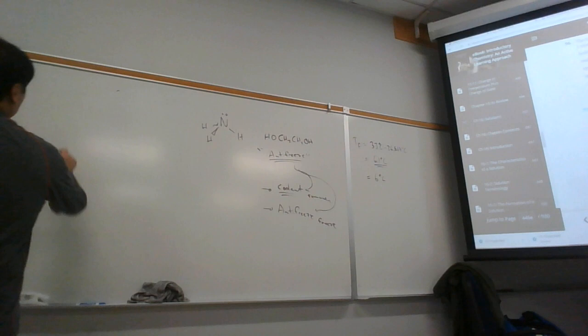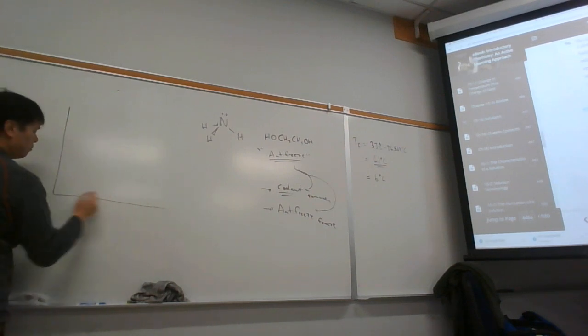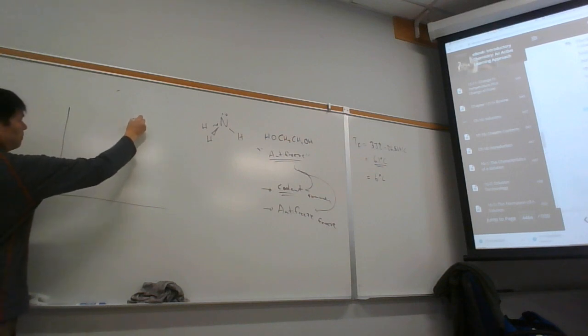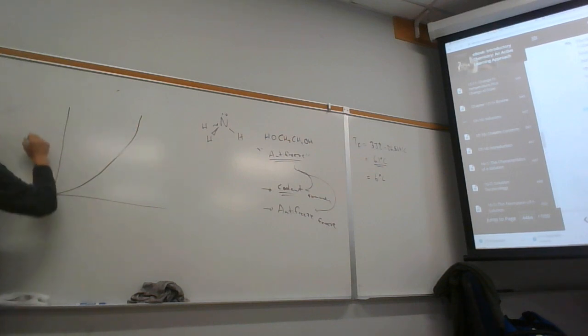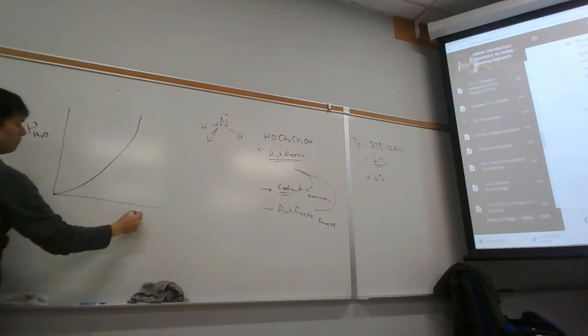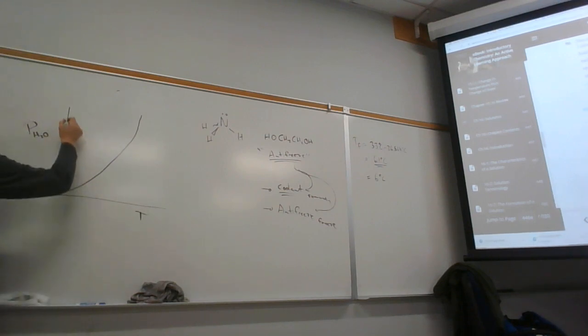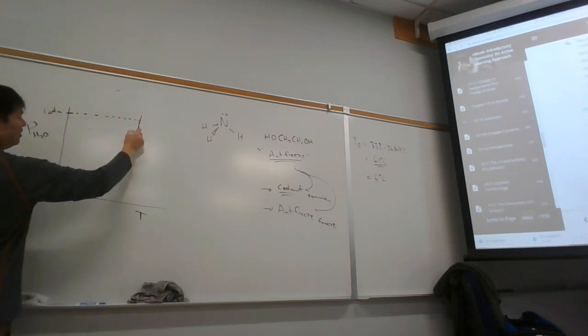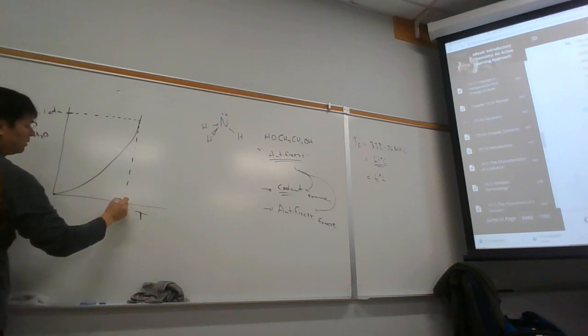And so what would be fixed is this curve. The curve would be the vapor pressure curve of water. If we look at the vapor pressure curve of water, then we have at 1 atmosphere the normal boiling point here.